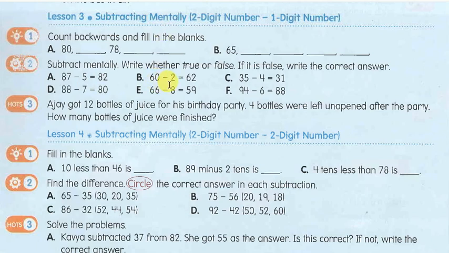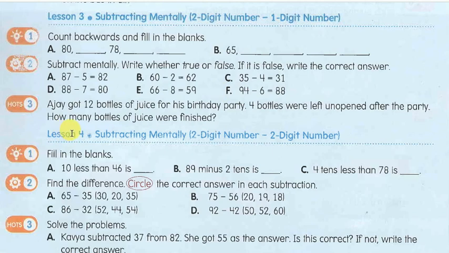Go to the next one. 60 minus 2. In the same way you have to do. Think of the bigger number 60 in your mind and minus 2. Move 2 times backward. You will reach 58. But the answer given here is 62. So you have to write the correct answer, 58. Okay. Do it in the similar way for the remaining questions.